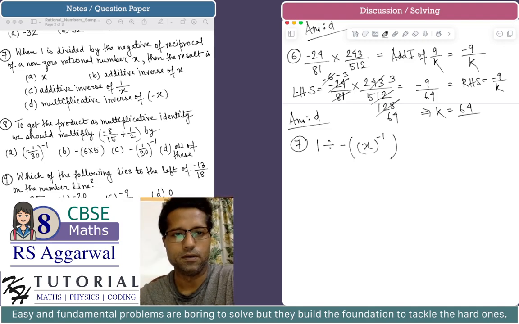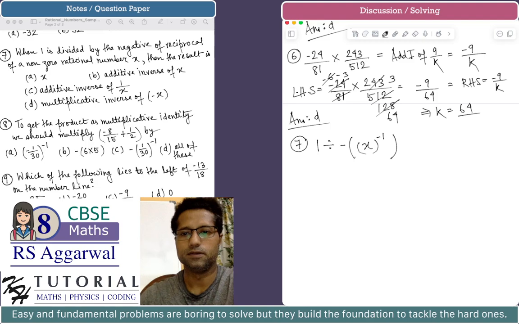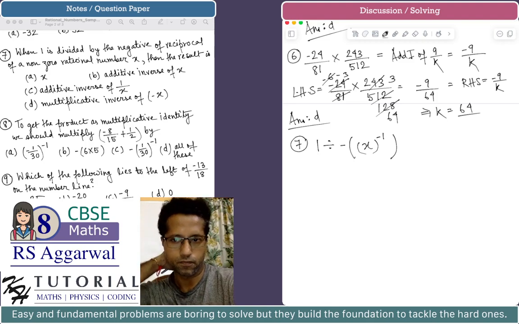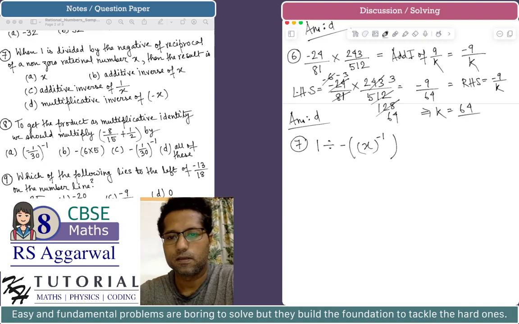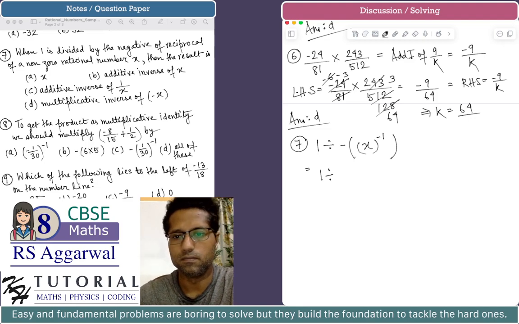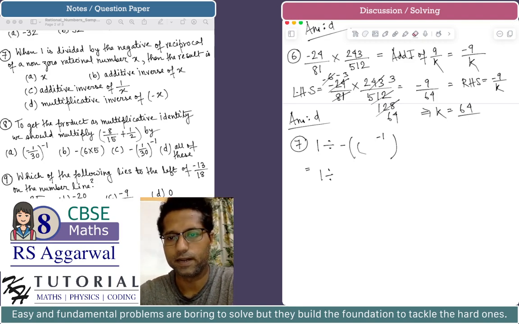Then the result is, so we have to simplify what this is in terms of x. It is not the correct way of writing what has been asked.